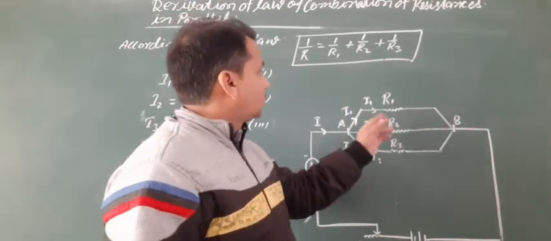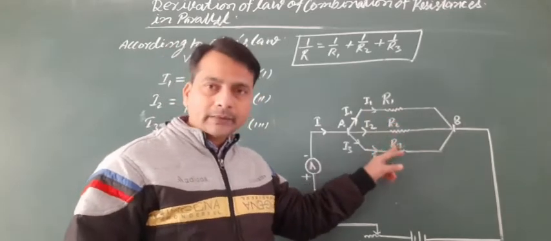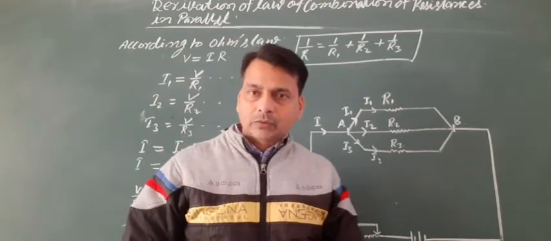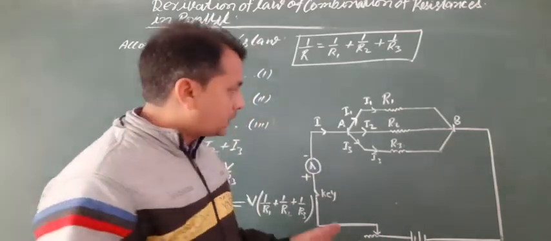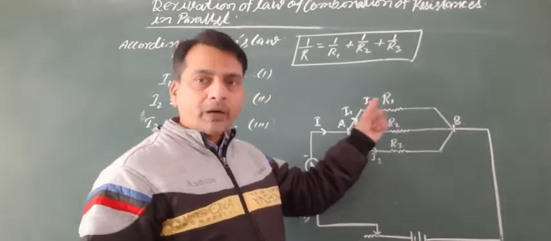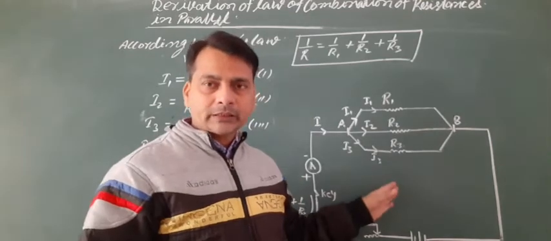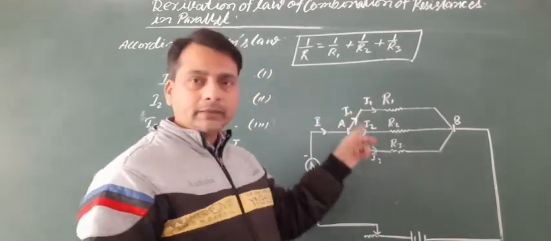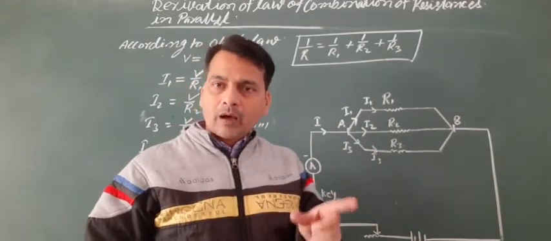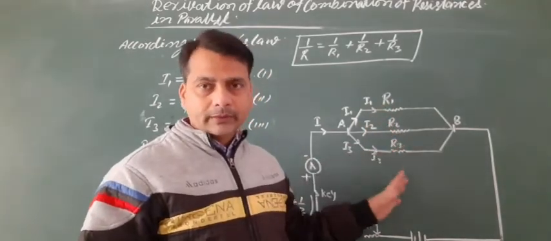So if the resistors R1, R2 and R3 are in parallel combination in this circuit, and the total or net resistance is R, then 1 by R, the reciprocal of the net resistance, is equal to the sum of the reciprocals of R1, R2 and R3.